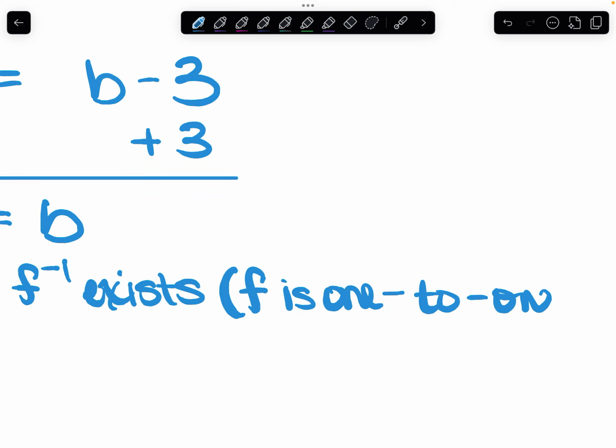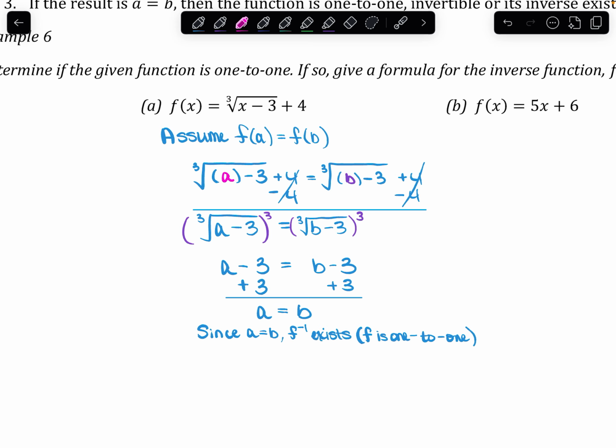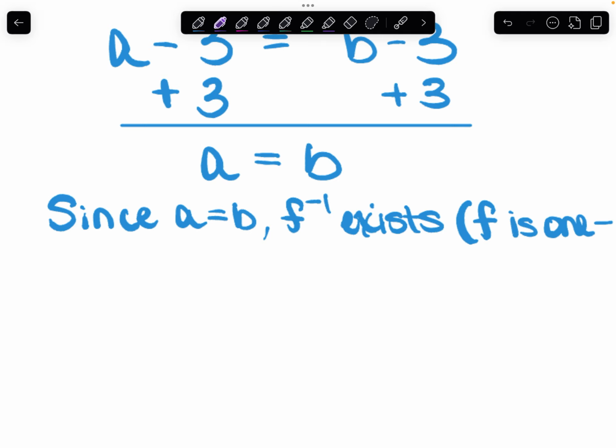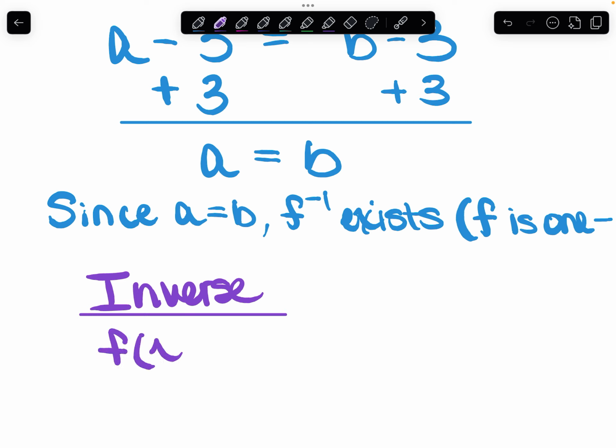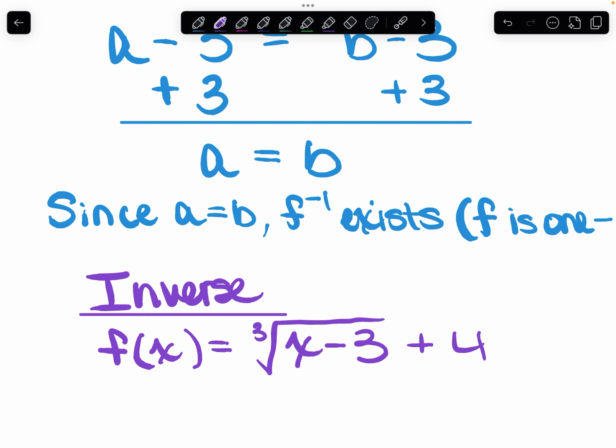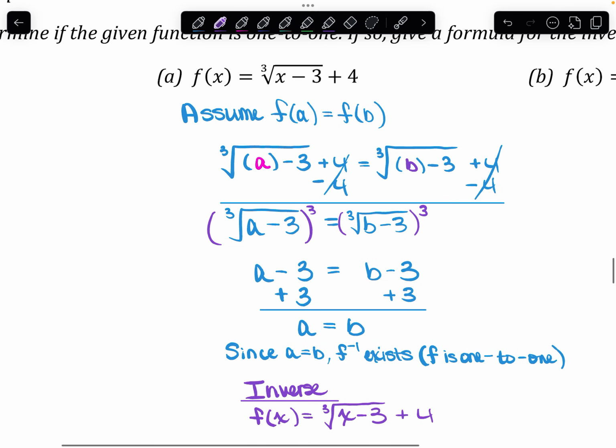So now we're going to come down here and find the inverse. Let's go with purple. All right, so inverse. So this is the algebra. I'm just going to copy it down here. It's x minus 3 under a cube root, plus 4.